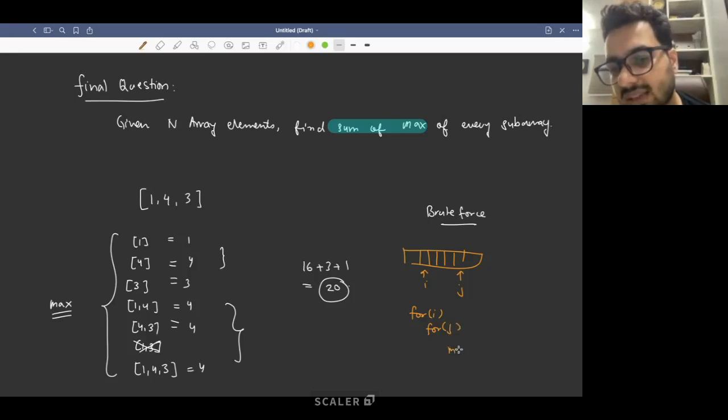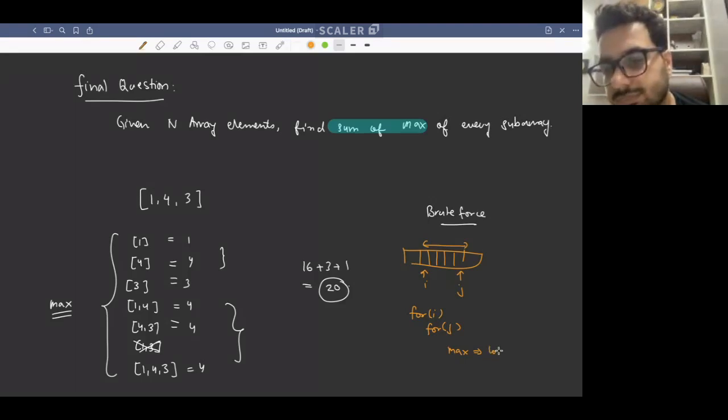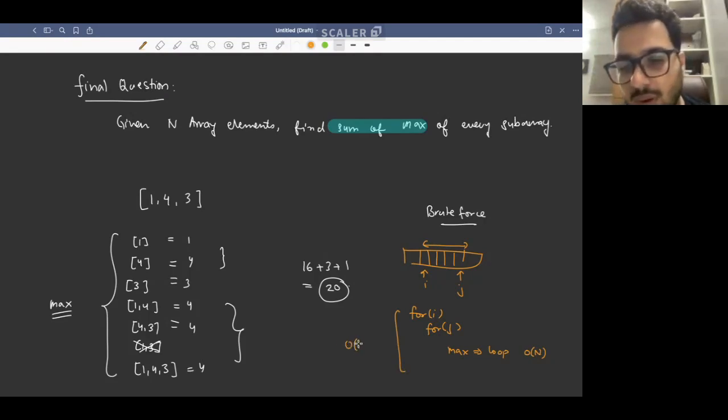Now getting the maximum. How do you get the maximum in this range? If you do it using another loop, you will end up taking order of n time, right? And that means this is going to be an order of n cube solution.